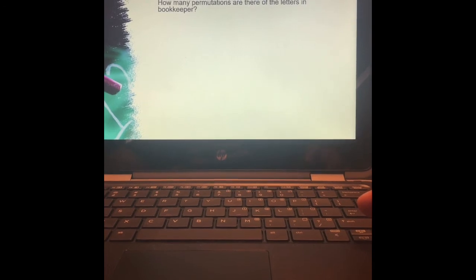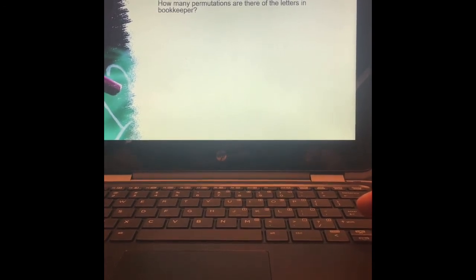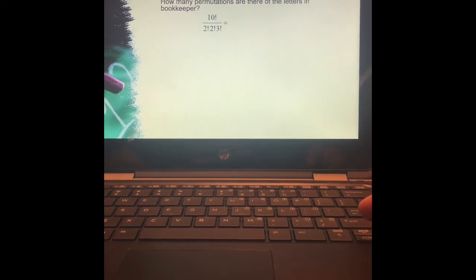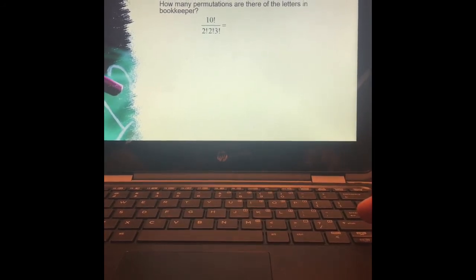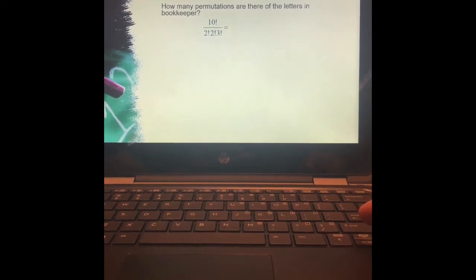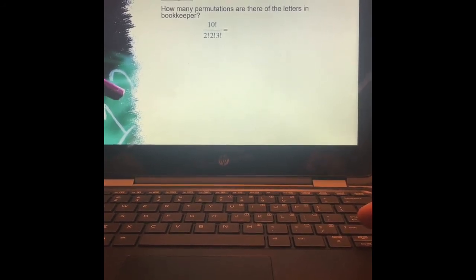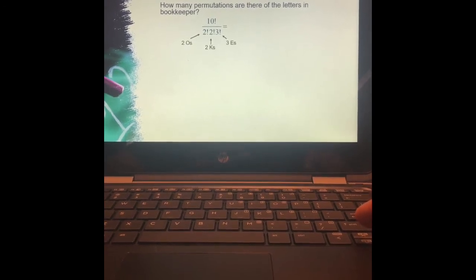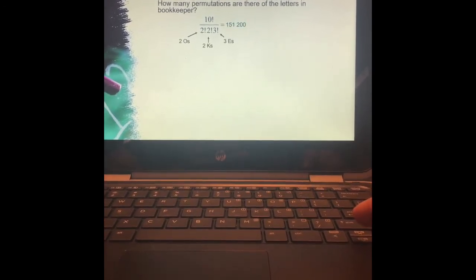So that's 3 factorial. How many K's are there? 2. That's 2 factorial. So 10 factorial divided by 2 factorial, 2 factorial, 3 factorial, because of the repeats in O, in E, and in K. And there's your solution.